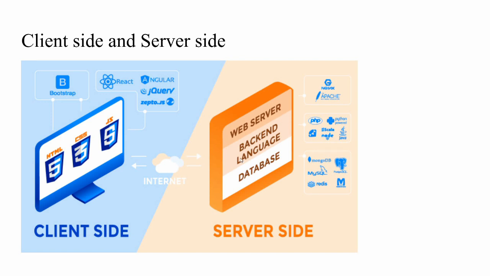Then you have the backend language, and the backend language will talk between the database and the server, so that the server can take data from the database and display it on the client, and the client can then interact with the database through this backend language. So let's say a user can put in a username on the client side, the backend language will interpret that username and store it in the database.